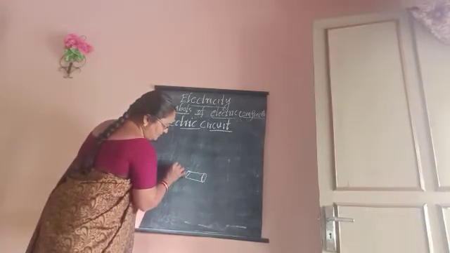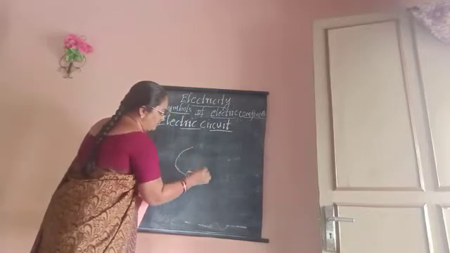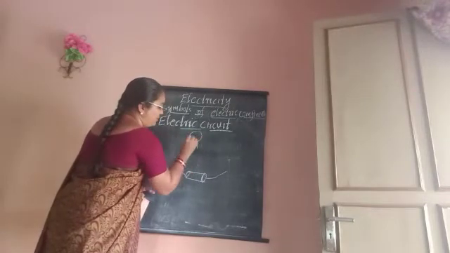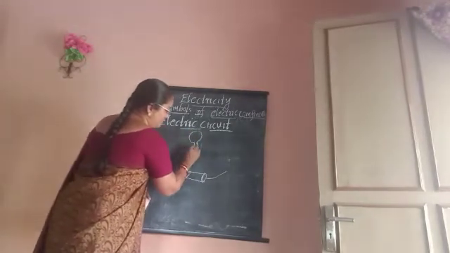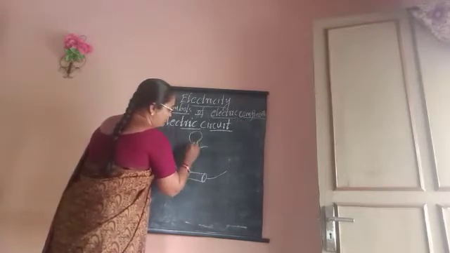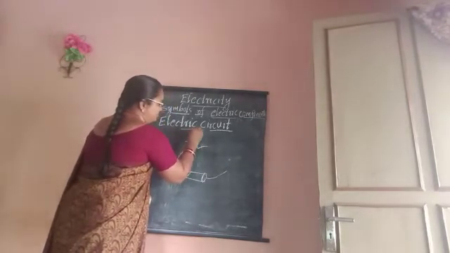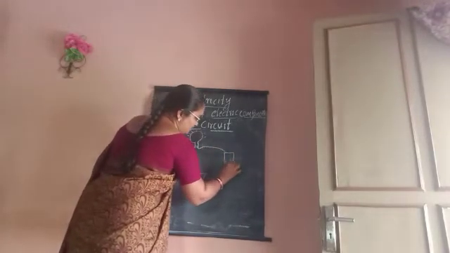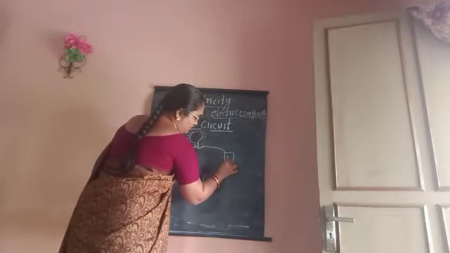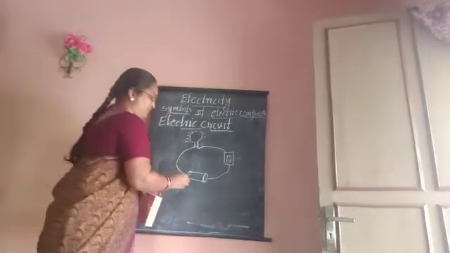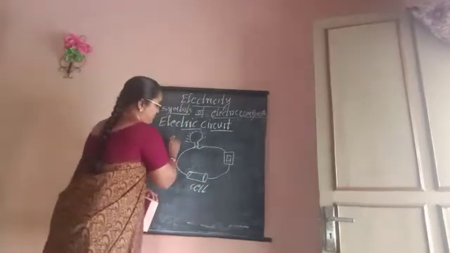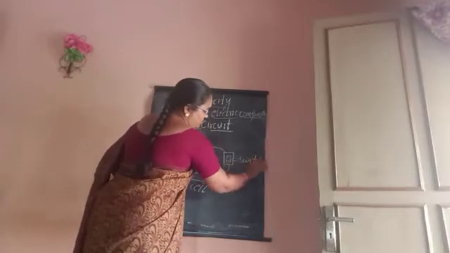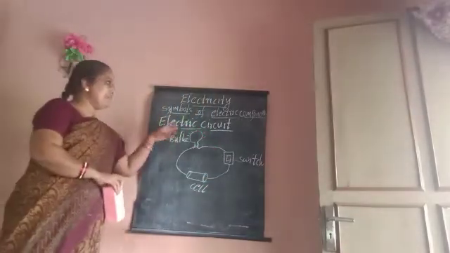This is the cell, connecting wires, bulb, glowing. And it is connected to the switch. Cell, bulb, switch. This is the electric circuit.